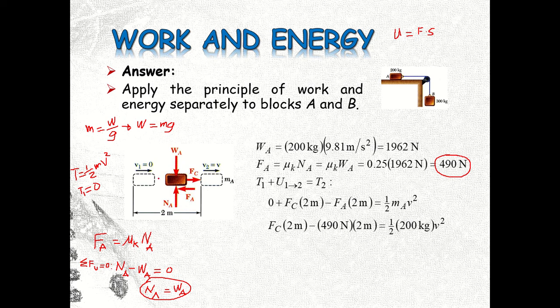So we have F sub C, the work done by this force multiplied by the displacement, which is 2 meters. Then minus F sub A, since the force going to the right is positive, and F sub A is going to the left. So in this case, class, we are summing up forces.